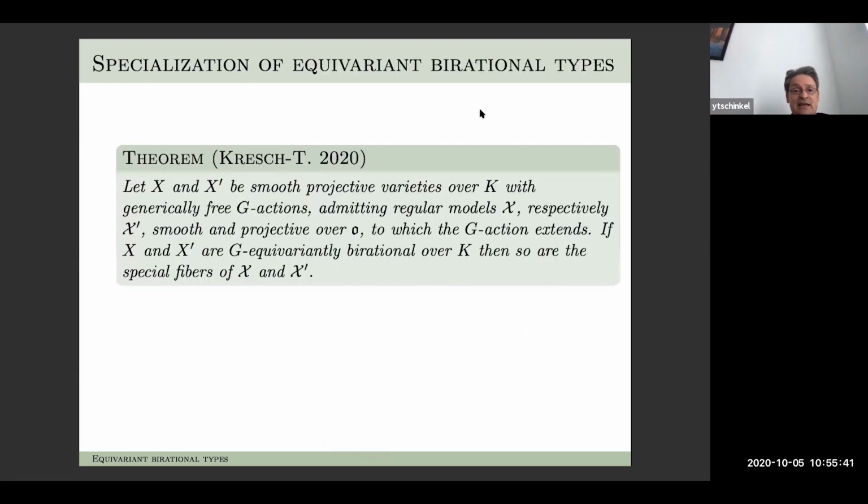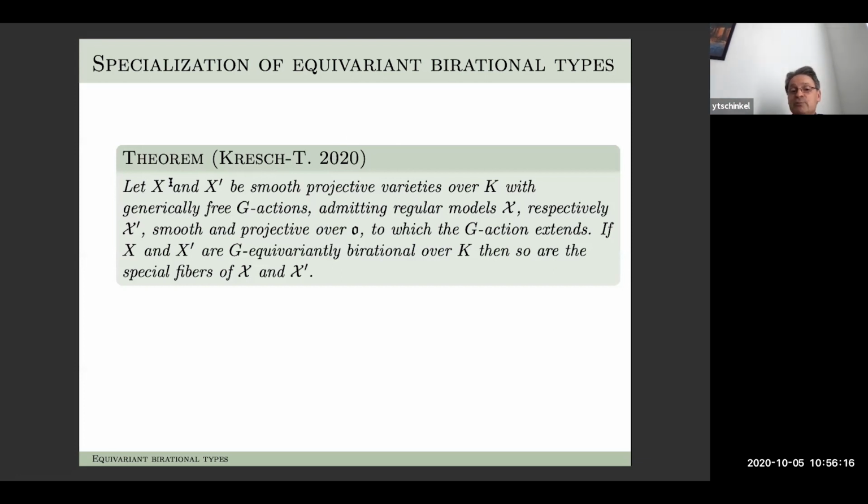So here is the analogous theorem in the equivariant context. It's formulated as follows. Suppose you have two smooth projective varieties over capital K with generically free G actions admitting regular models, which are smooth and projective over the integers, and the G action extends to those models. So if X and X prime are equivariantly birational over capital K, then so are the special fibers.